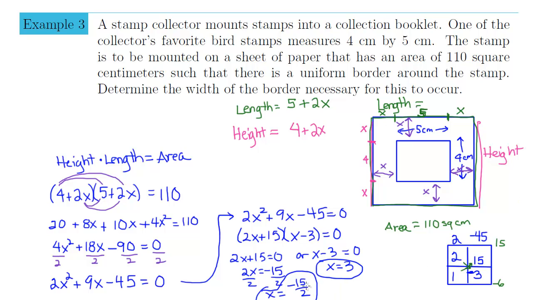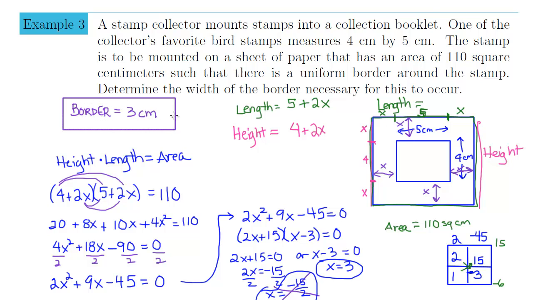Well, obviously, that border can't be of a negative width, right? So the only answer that makes sense would be that this width here is 3 centimeters. So the answer is determine the width of the border. We would say that the border, and I'll write it right here, is 3 centimeters.